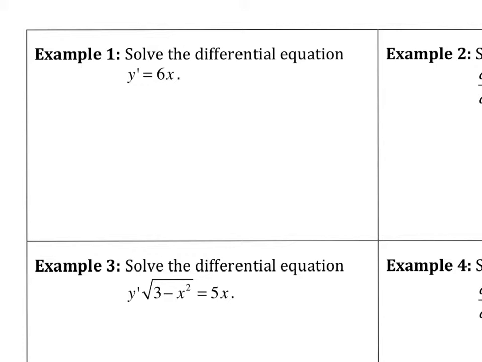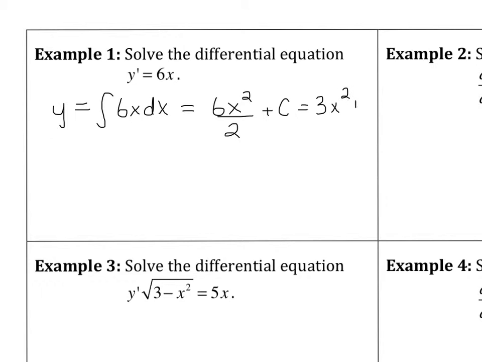If y prime is 6x, then function y must be the integral of 6x. So let's do that. Well, that's going to integrate to 6x squared over 2 plus c, of course, always plus c, which just gives us 3x squared plus c.